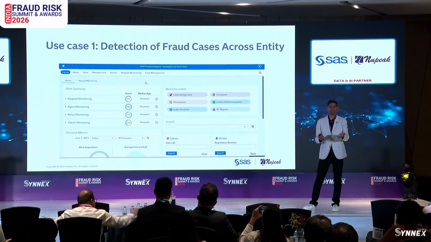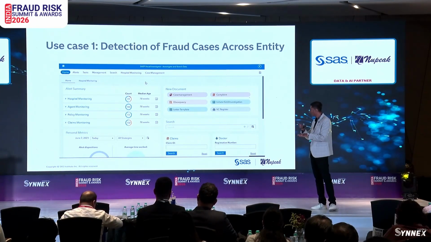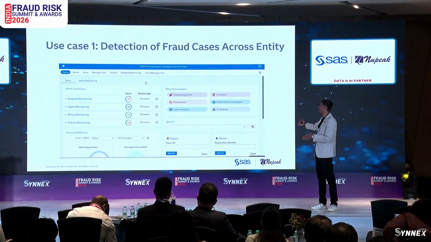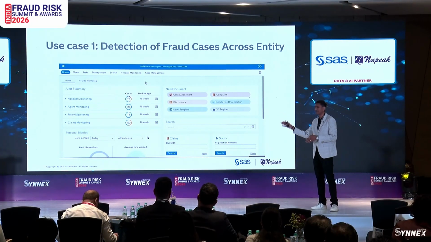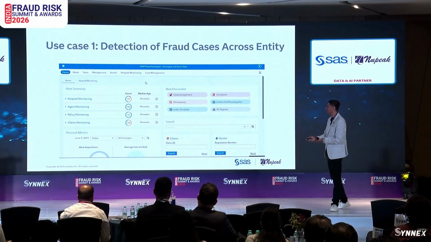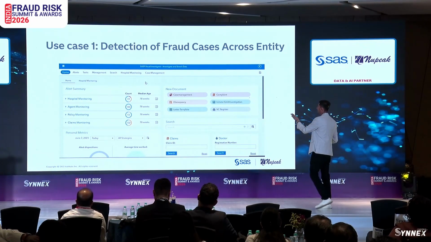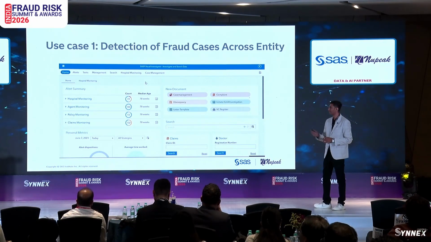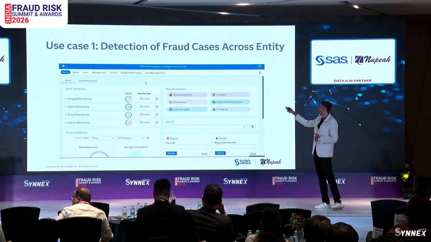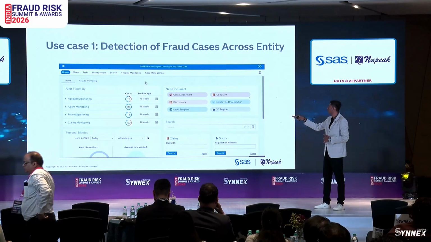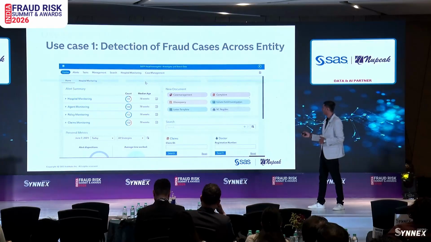You put it in the system, and the system will start throwing an alert at a hospital level if it is a health use case, agent level, policy level, or a claim level. So entity level, detecting the fraud and putting on the screen for the analyst to work upon that there are 19 alerts to be worked upon at this level, 13 at policy level, 132 at a claim level.